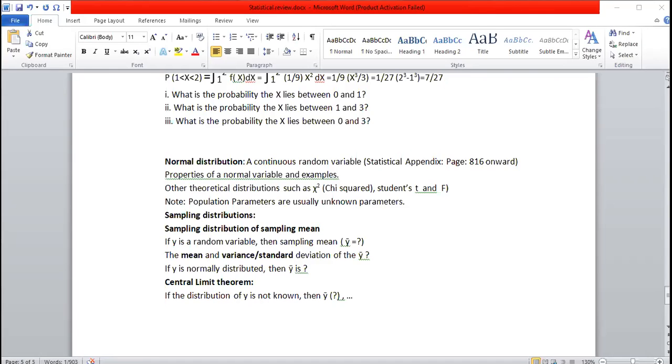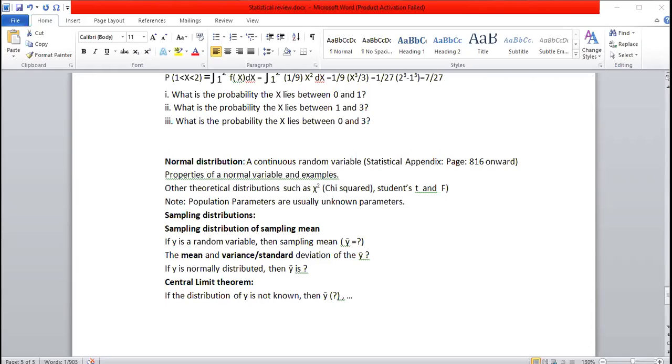If I taught probability and statistics for a long time in other years, these are the things you should learn from there, because these are the distributions you will be using a lot in a course like econometrics.